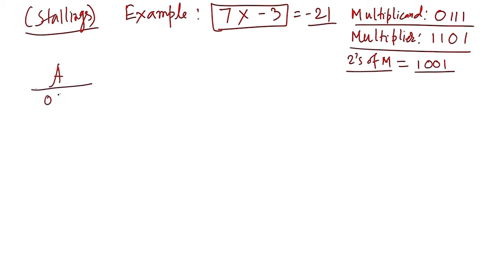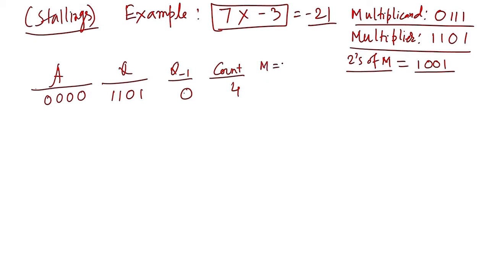So, then A is 0 0 0 0, Q, the multiplier, is 1 1 0 1, then Q-1 is 0, count is 4 bits, and the multiplicand m we know is 0 1 1 1, and 2's complement we also know. These are the initial values.